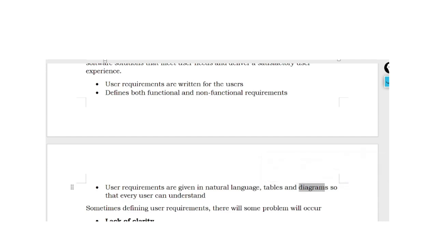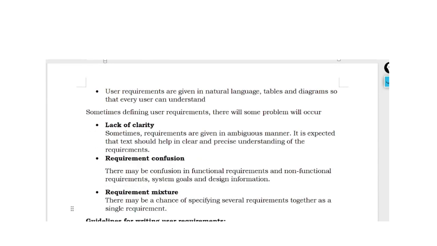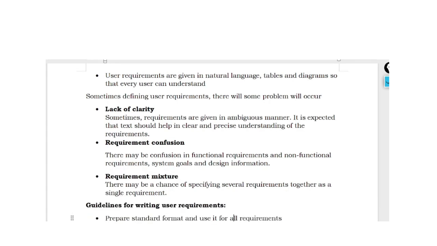But while giving requirements, there is a chance of some problems. Those are known as lack of clarity, requirement confusion and requirement mixture. While giving or taking the requirements, there should be clarity. If your requirements are clear, only then are we going to get high quality software.